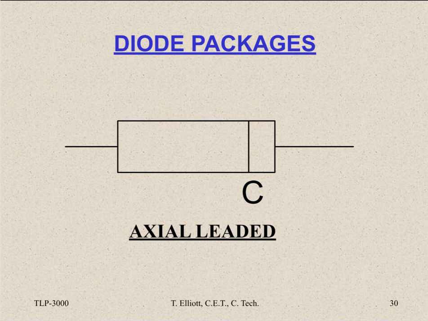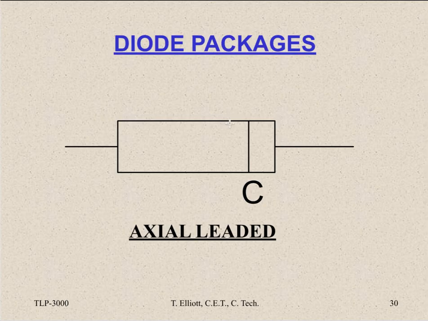Packaging styles, again, they come in all different types. This will be solid color. Again, this is a standard diode. If it's a small signal diode, they're normally pink in color with a black stripe. Power diode, white stripe, black body.